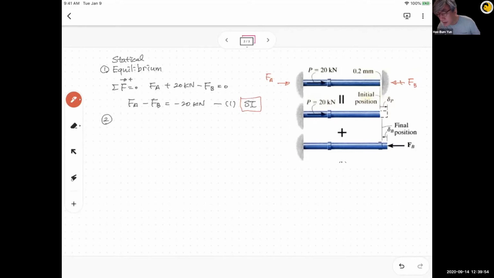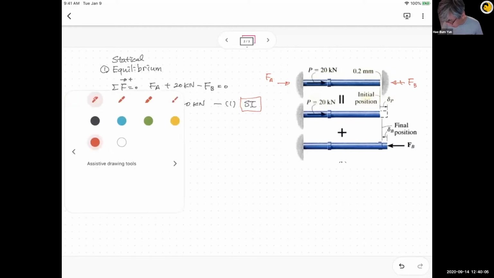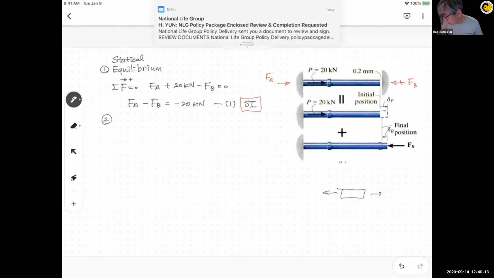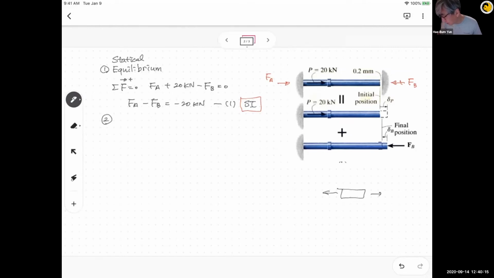Not necessarily. It is not always the same. Because when you think about compression or tension, I will draw it here. If you think about tension, for example, to have a tension you have to have forces in two different directions. Compression is the same.